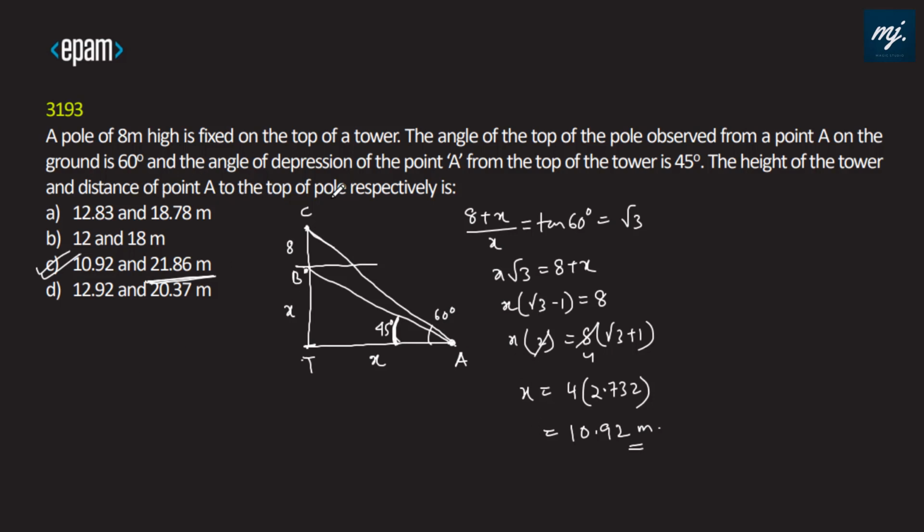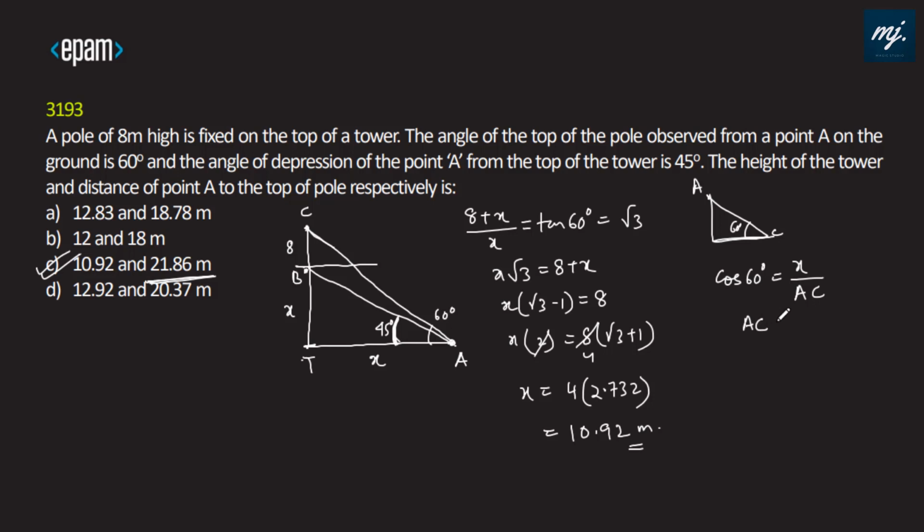Now the distance of point A to the top of the pole, that is CA, we are looking out for. In this triangle we are looking for CA and this angle is 60 degree. Now we know that cos theta is base by hypotenuse. Base value is X, so X by AC. That means cos 60 degree is half, because it equals sin 30 degree, which is half.